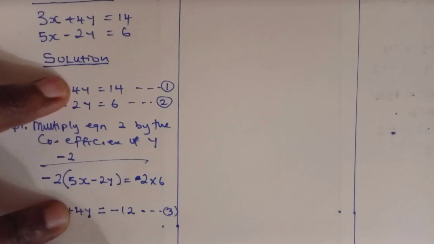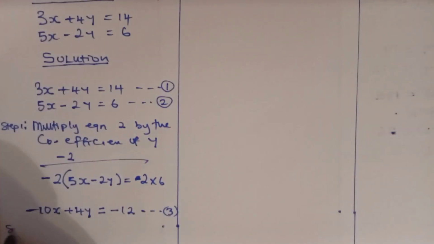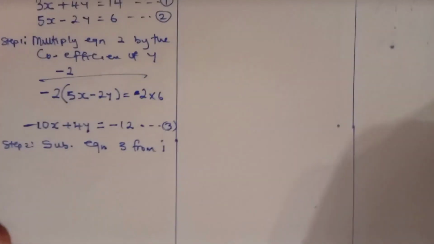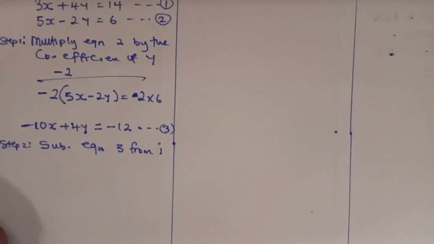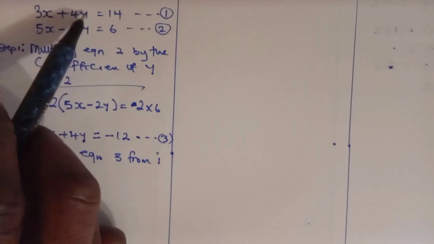And how do we do that? We simply subtract equation 3 from equation 1. So let's say step 2, we subtract equation 3 from 1. Correct? Okay, so when we do that, this is what we're going to have. We have equation 1 to be 3x plus 4y equals 14.